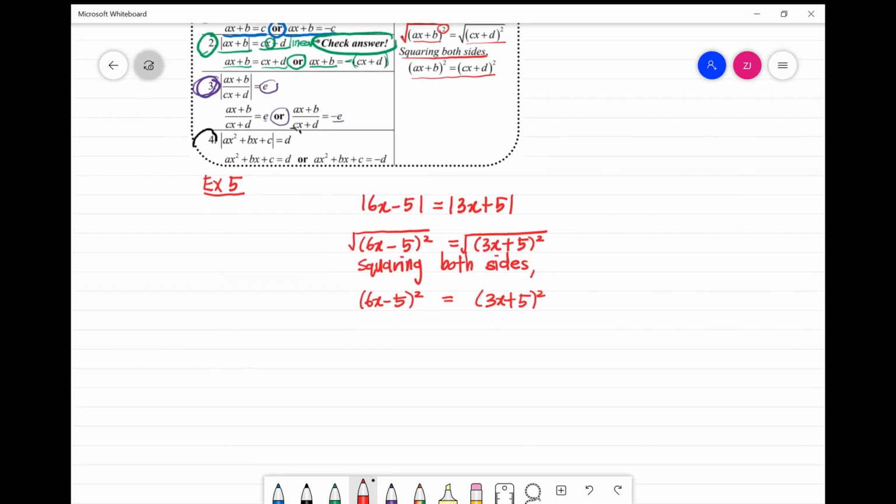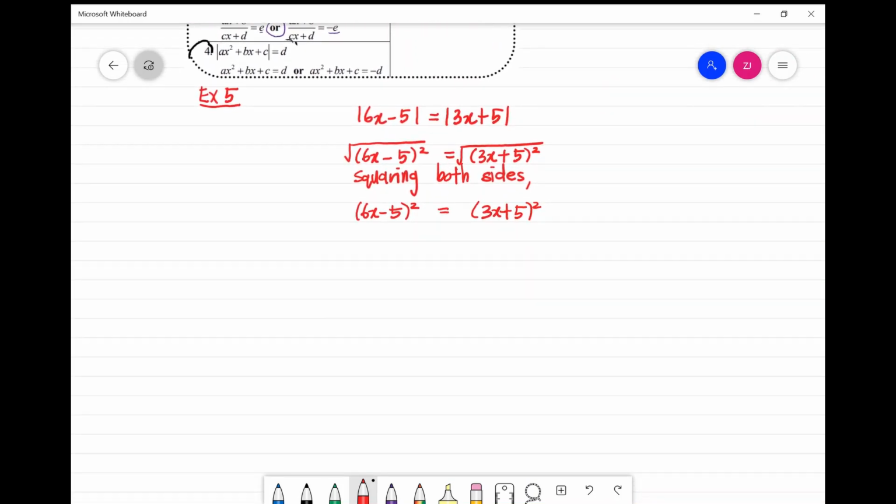Then we square one by one, so we have 36x squared minus 60x plus 25 equals 9x squared plus 30x plus 25.